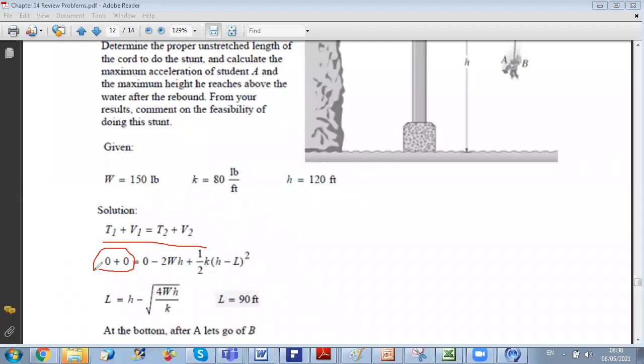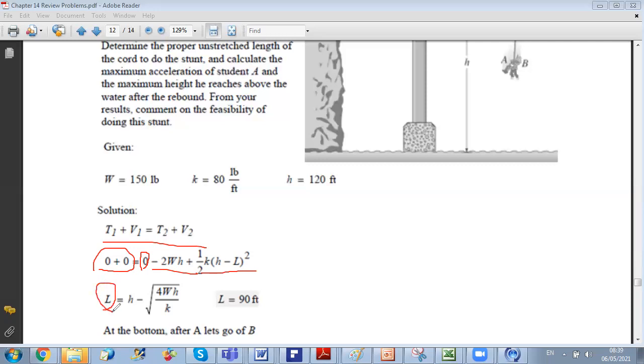In addition, they are released from rest, so T1 is 0. Now at the final state, the kinetic energy is 0 for a smooth jump. This is the gravitational potential energy, minus 2WH, and this is half K times H minus L squared, the elastic potential energy. Now, from this relation, you can see that the only unknown is the value of L.